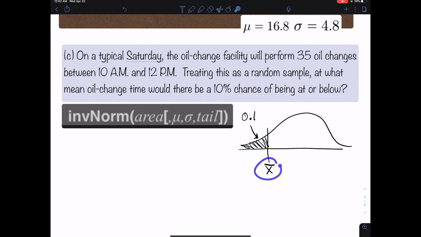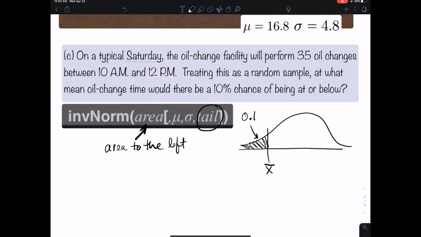So when we're trying to find a value down here, we use inverse norm, and we need to plug in the area, the mean, and the standard deviation. In older calculators, this used to say area to the left, and there was no tail. That's only a new calculator thing. We used to always have to plug in the area to the left, the mean, and the standard deviation.